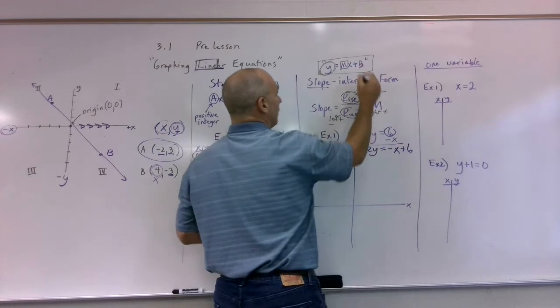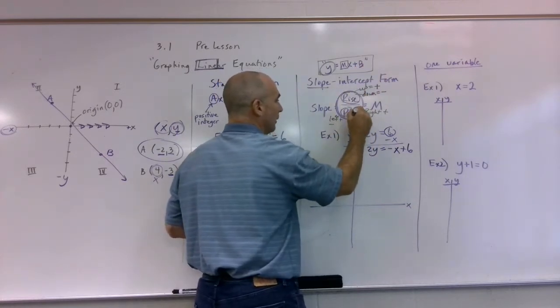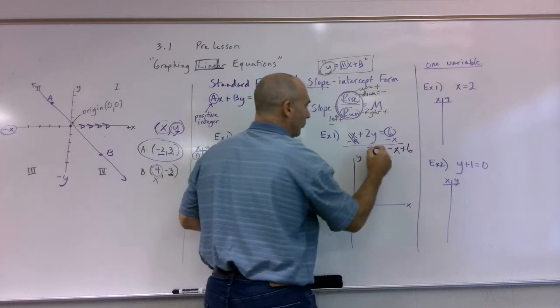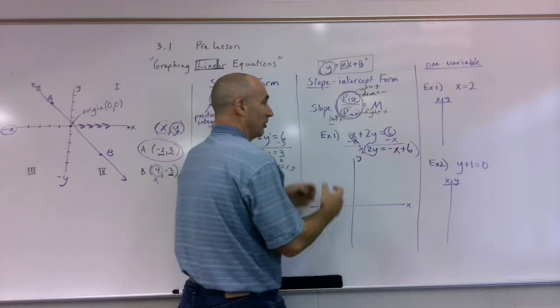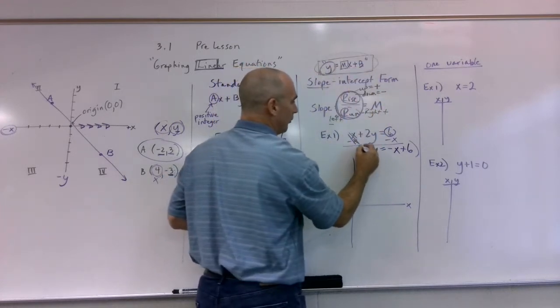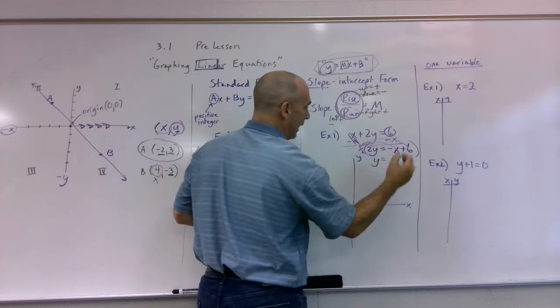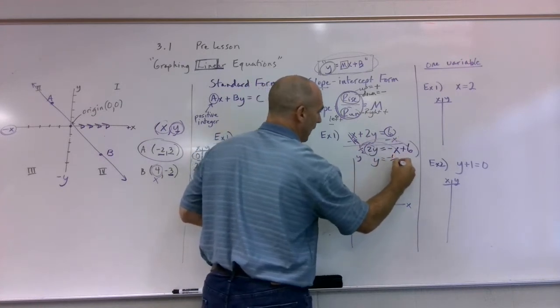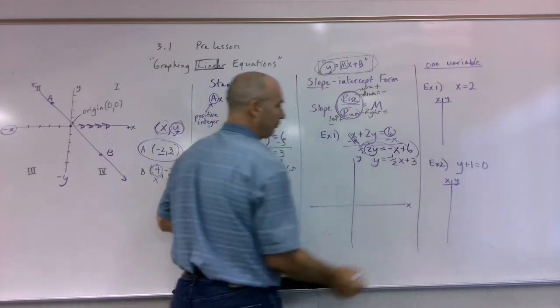But to just make this understood, slope always needs to be a fraction. So instead of dividing by 2, I'm going to multiply this by 1/2 because it's just going to help me understand y equals mx plus b better. So if I distribute, I'm going to get y equals, now watch this, negative 1/2 x plus 3.